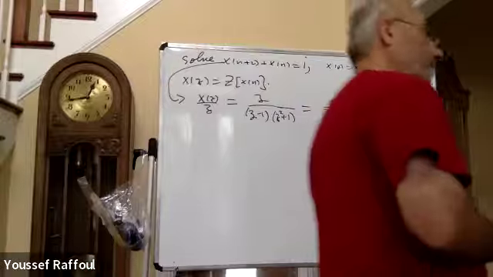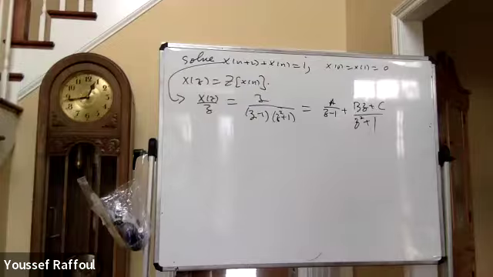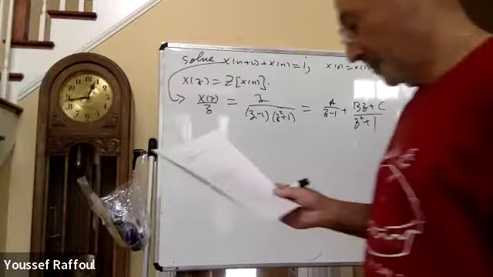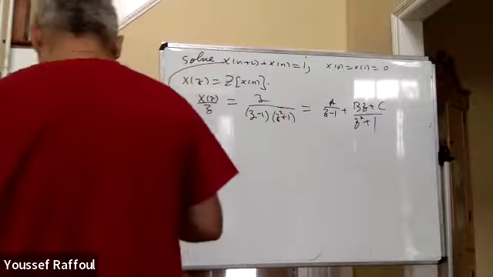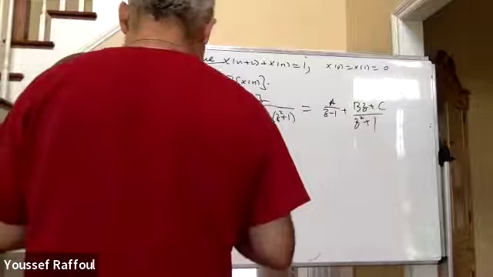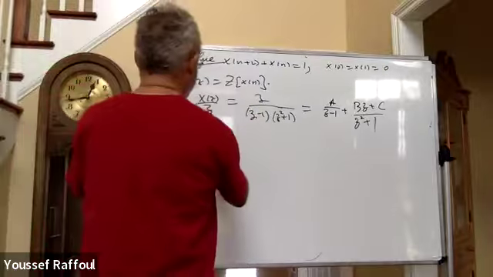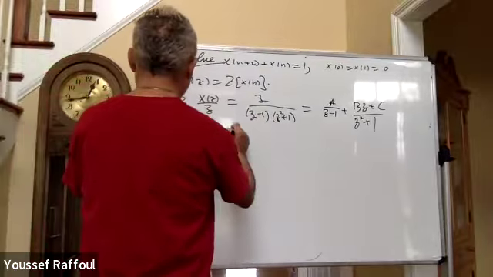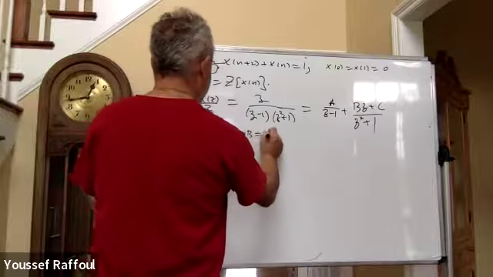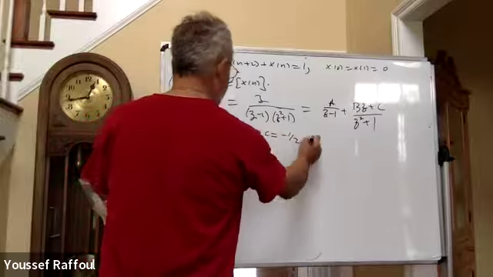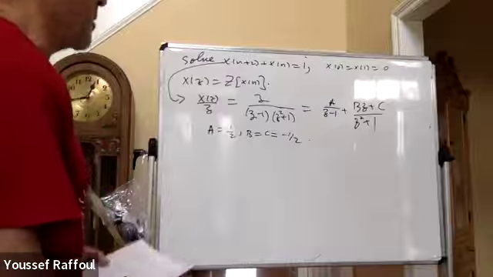Any questions? All right, if I do that, then you take the common denominator, you'll get a equal 1/2, b equals c equals minus 1/2. You just take the common denominator.